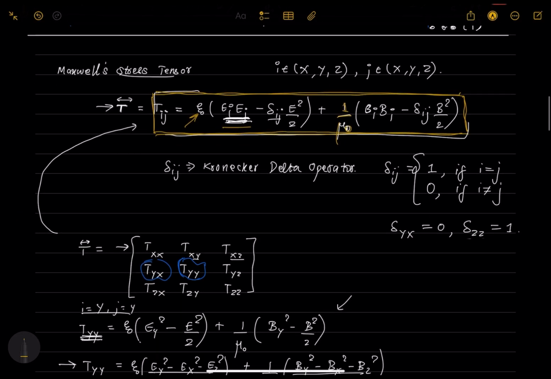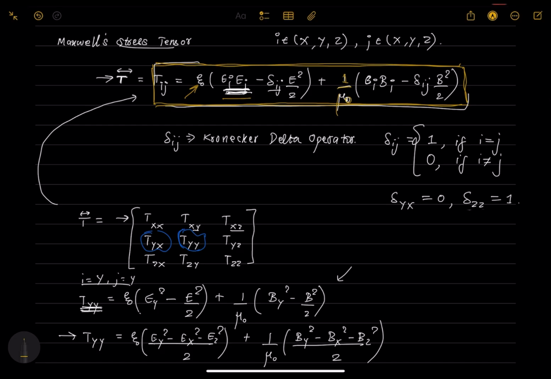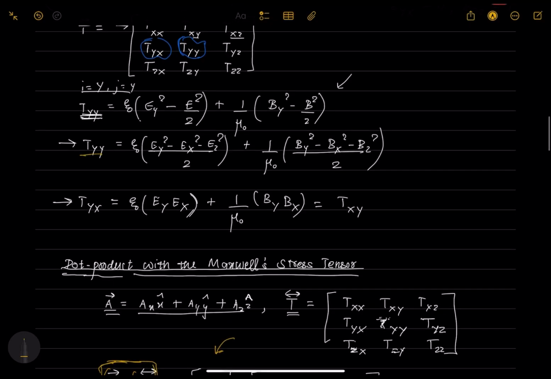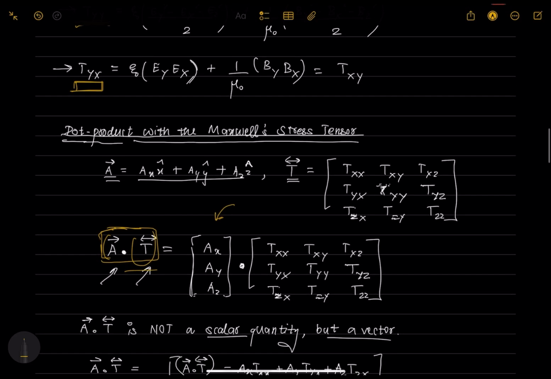we began a totally different journey, introducing Maxwell's stress tensor. We introduced what its general element was, right? What it meant to take a general element, what a general element is when i and j are the same, like yy, and what it is when i and j are different, that is T_yx.